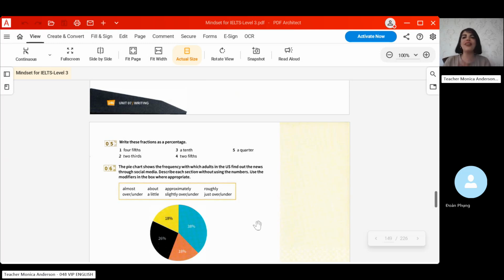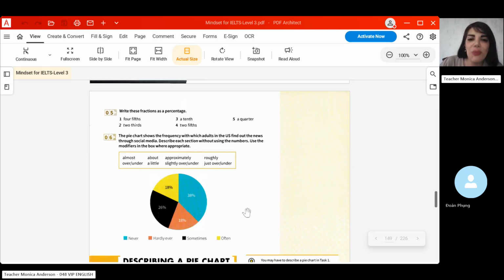Of course, 40%. And a quarter is 25. A quarter is 25. Okay. Well, now let's have a look at this pie chart.